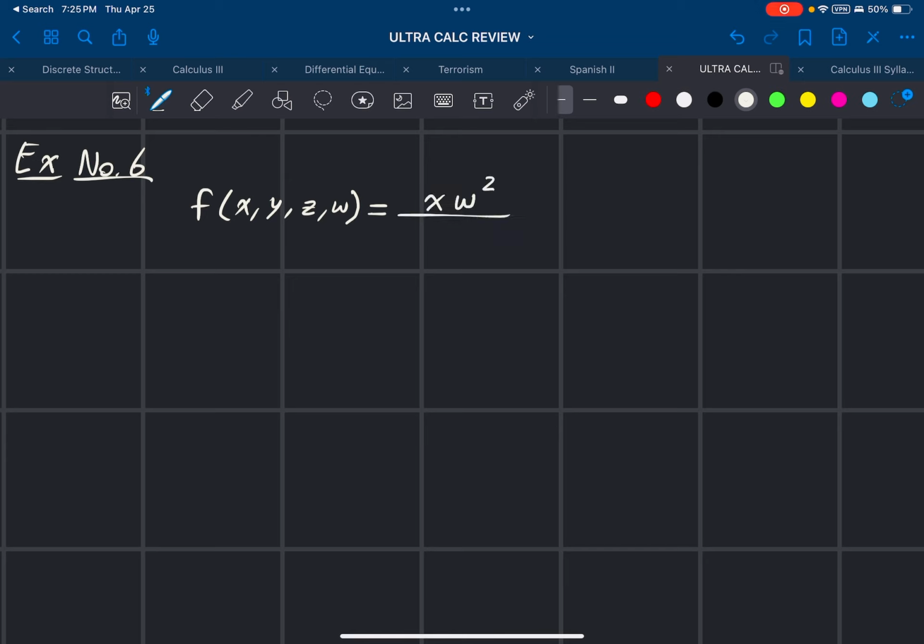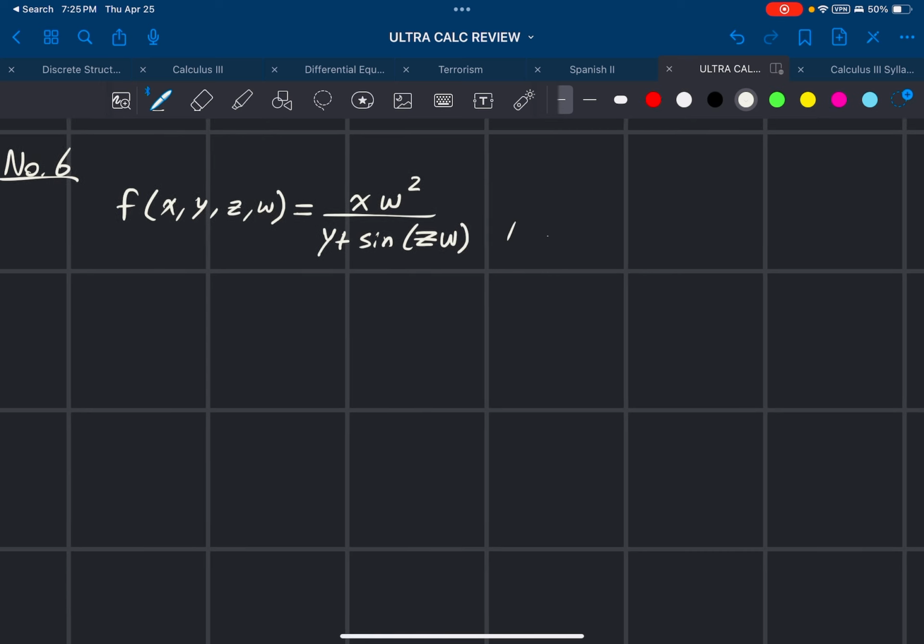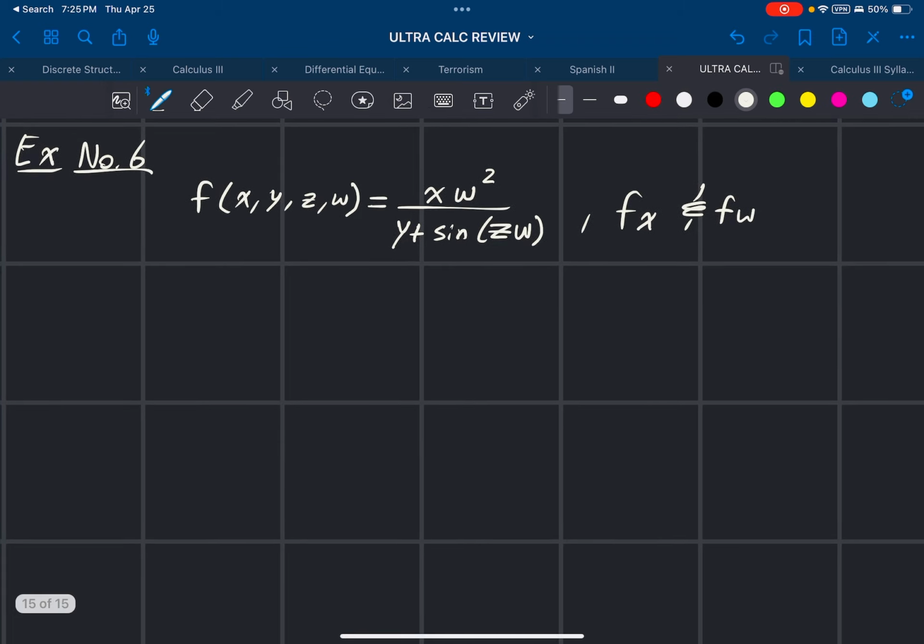It's supposed to be a z, w. Okay, so for this one, you're probably like, wow, that's a lot of partial derivatives we're going to take. Nope, we're only going to be taking 2 of them. So, I mean, you can do it with the other ones, good luck. But we're just going to focus on these two. And I'm only going to give answers for these two.